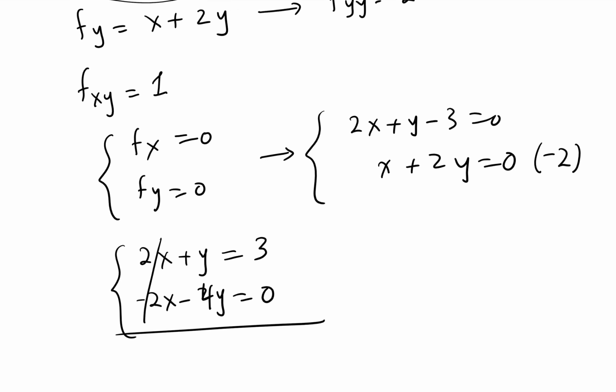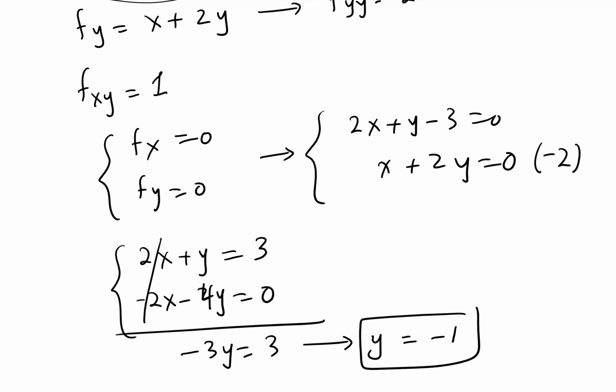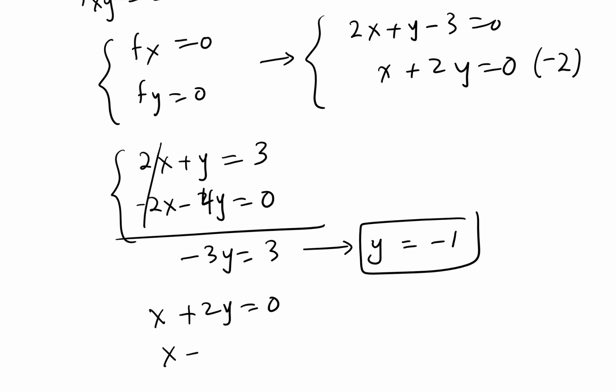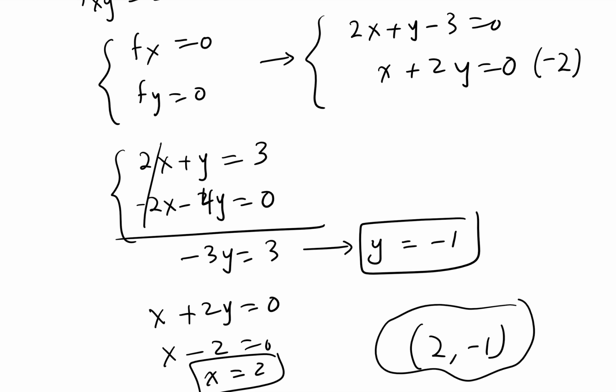These cancel out. -3y is 3. We got y to be -1. Then we know that x plus 2y is 0. You substitute -1 in. So you get x equals 2. So we get the point (2, -1) as a critical point. Now we can move on.